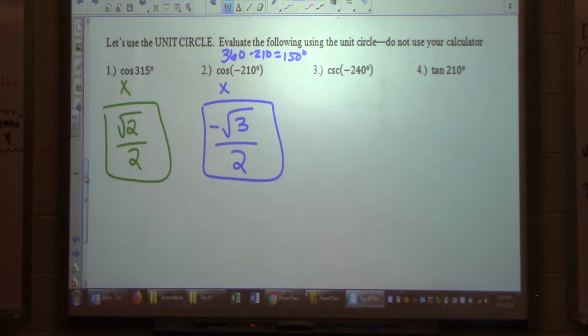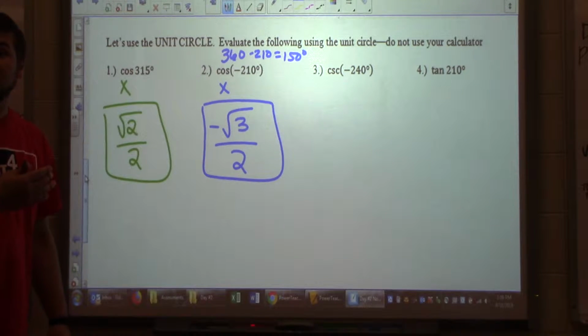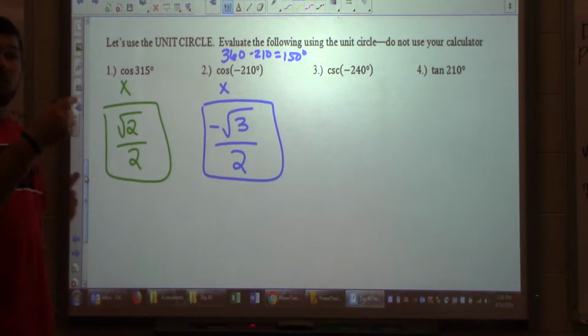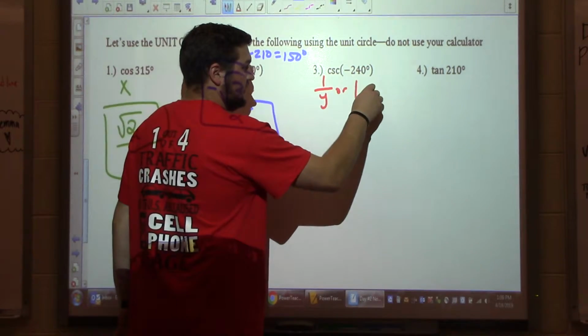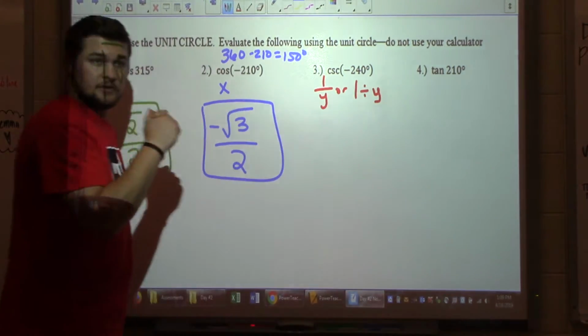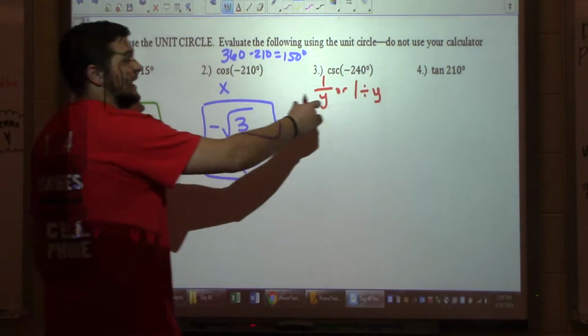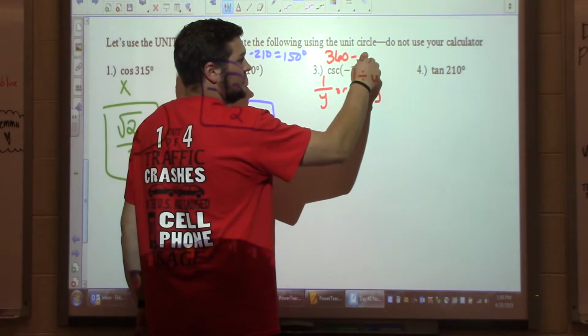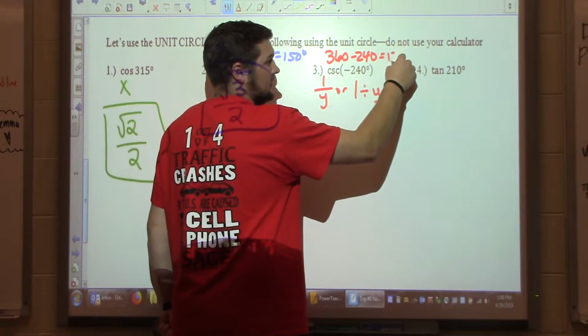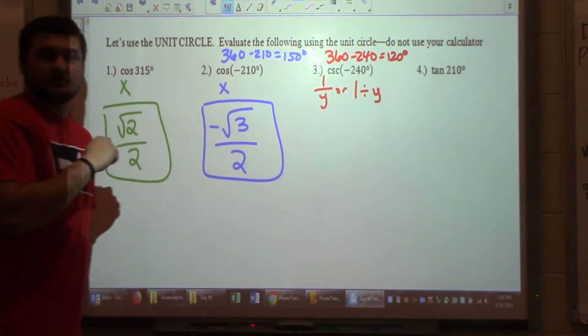The cosecant of negative 240 degrees. Well, cosecant is equal to what in terms of x and y? 1 over y, right? Or, if you want to write it, 1 divided by y. Okay? So I'm looking at negative 240 degrees, otherwise known as positive 120 degrees.